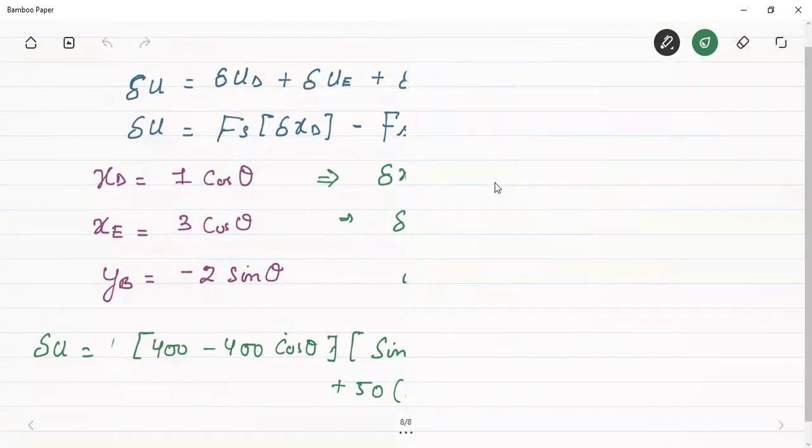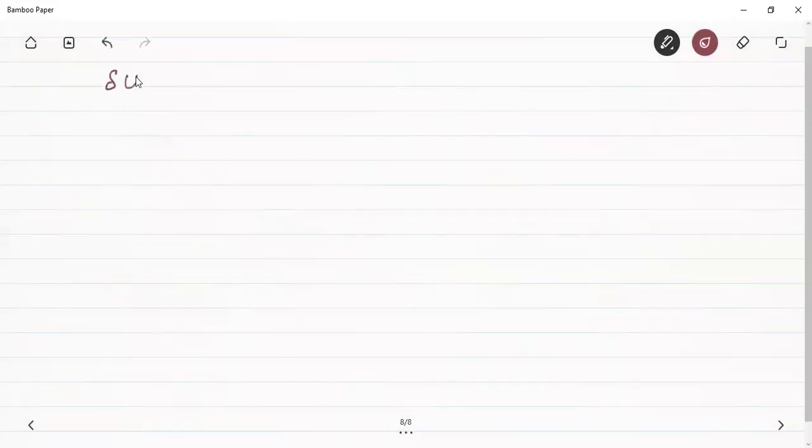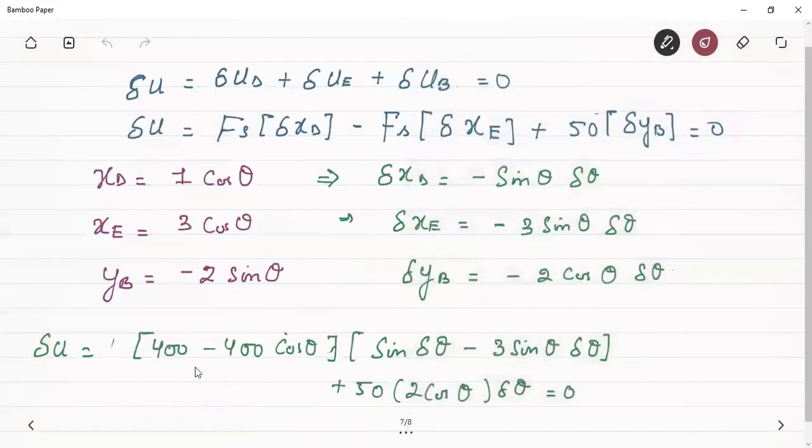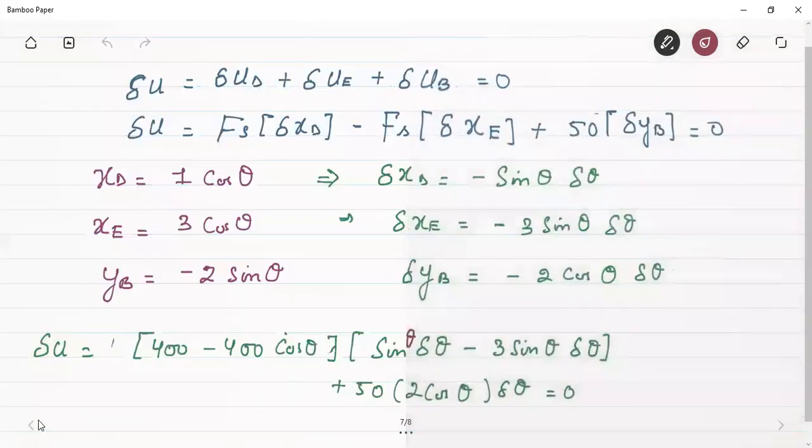So after simplifying the steps, we can see that delta U will be equal to 400 sine theta delta theta, and we have minus 400 into minus 3 sine theta delta theta, that will be equal to 1200 sine theta delta theta.